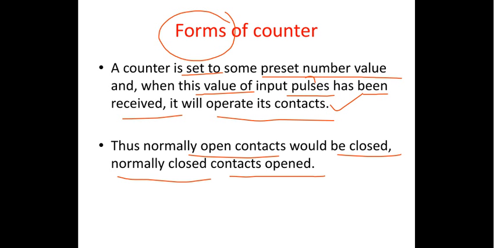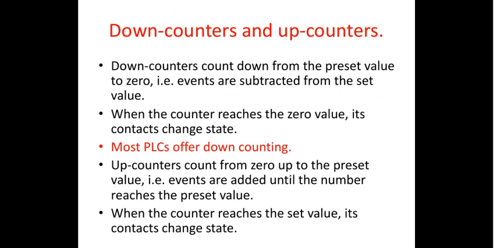The example which I have already made a mention of is that there are 100 seats inside a cinema hall. You have the counter preset to 100. Once a particular person enters, whose entry is identified by means of some kind of pulse or some kind of change in the signal level, it starts counting down from the preset value to 0.